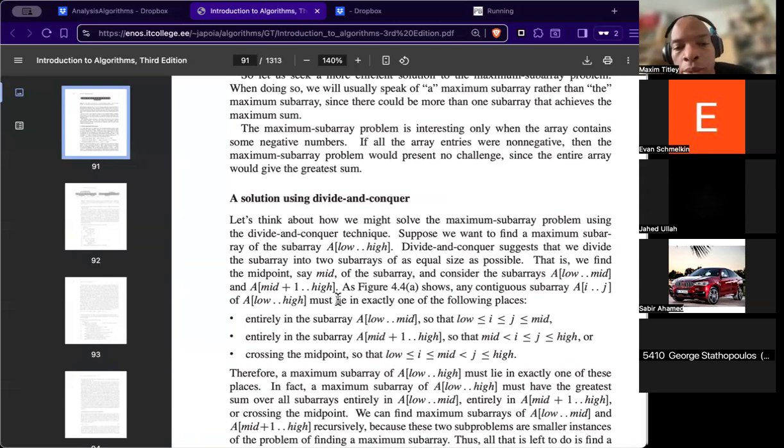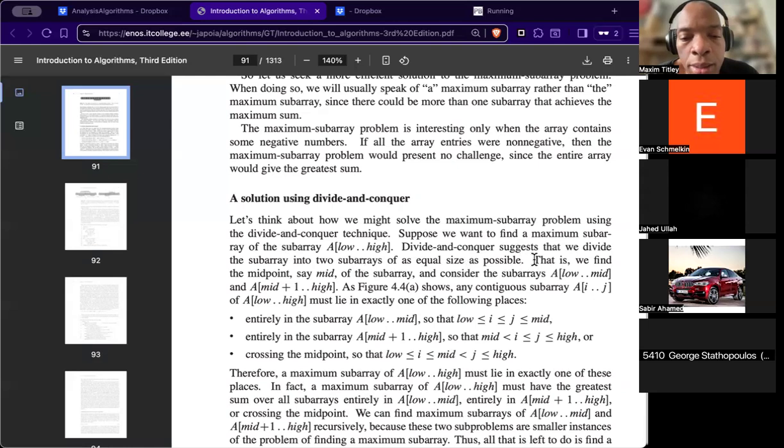So if we want to find a maximum subarray of the subarray A, low to high, here's what we would do. We want to divide and conquer by dividing the subarray into two subarrays of equal size, if at all possible. Remember, if it's odd, we're going to have floors and ceilings because you can't divide something odd into two that easily.